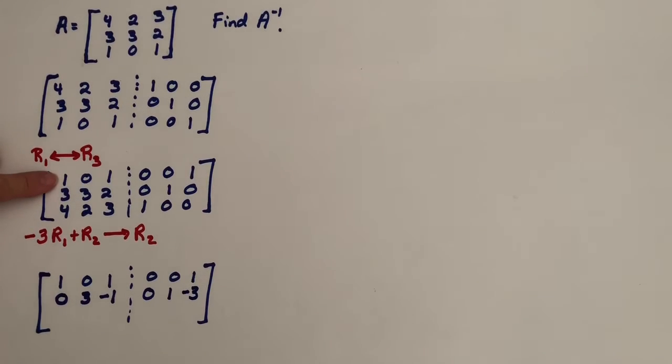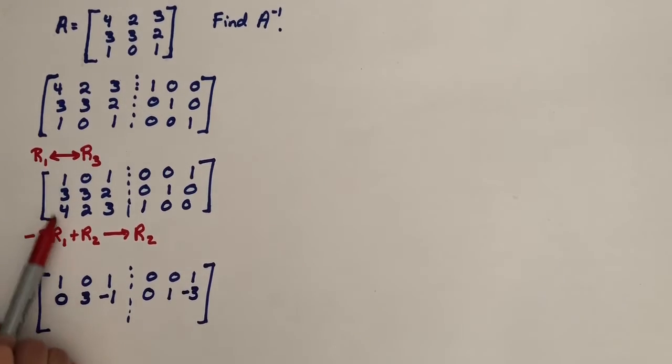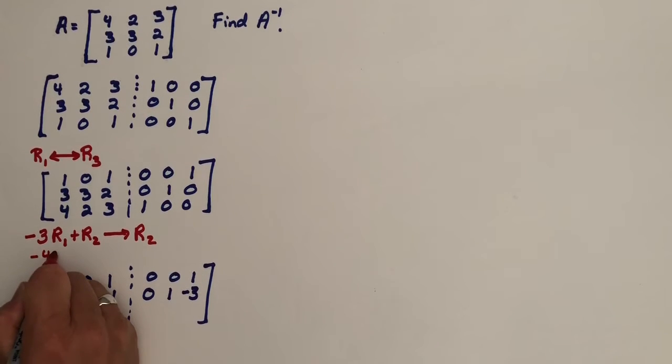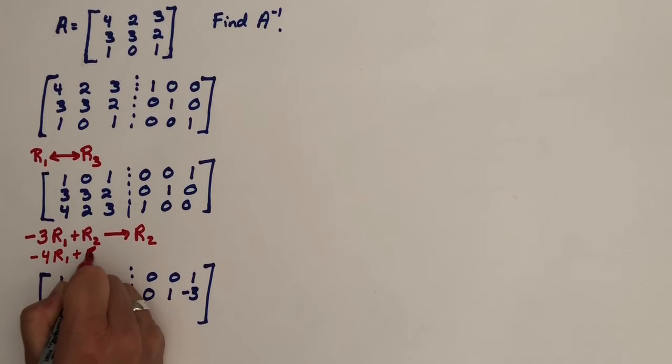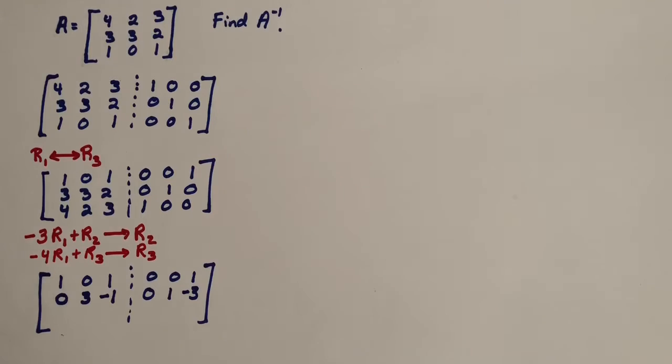And at the same time, as I get this 0 here, I can get a 0 here. We can do that in the same step. So let's multiply row 1 by -4 and add it to row 3. So -4 times row 1 plus row 3, and we'll write that result in row 3. We can take care of those at the same time. So here we go. We're multiplying by -4 and adding.